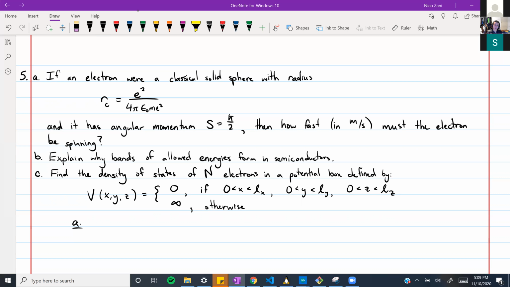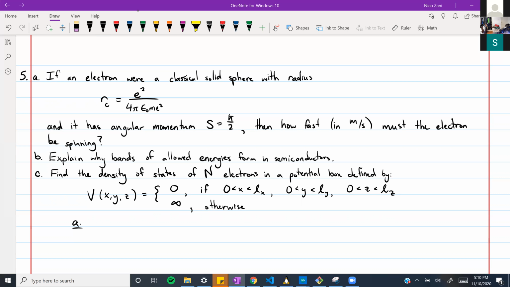So the first step is going to be to find the angular momentum of a sphere spinning around itself, right? This is a bit of integration, so I'll go ahead and see if I can do that on the spot. Sorry, guys. I realized that I wrote this down wrong in my notes.